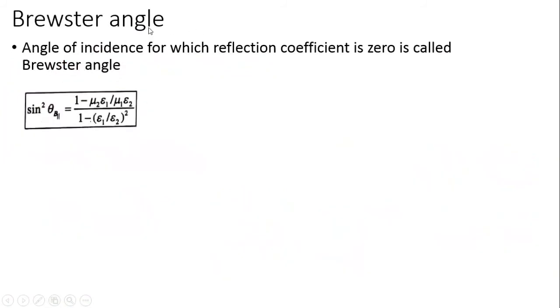Next is another important term, that is Brewster angle. The definition is the angle of incidence for which the reflection coefficient is 0. Reflection coefficient is 0 means ER naught by EI naught is 0, or there is no reflection.